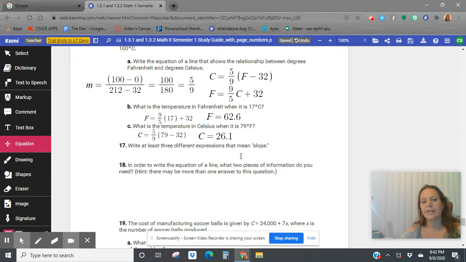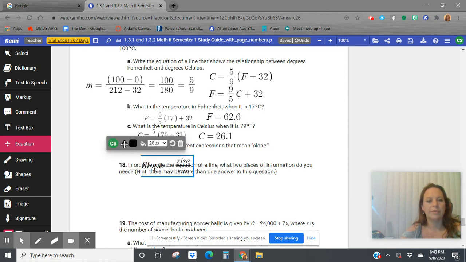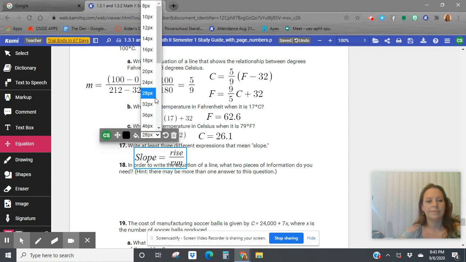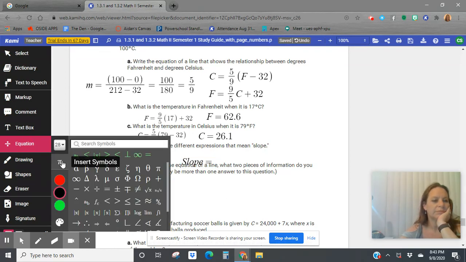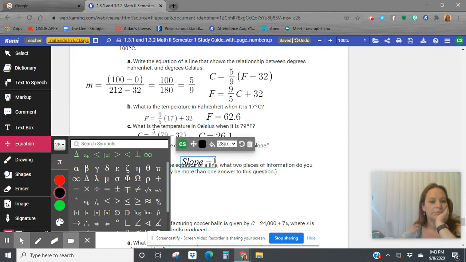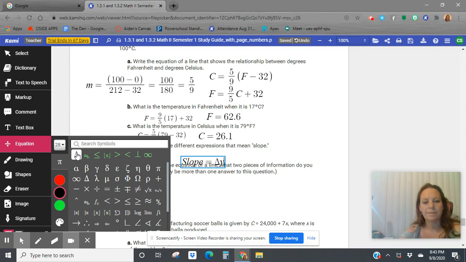Write at least 3 different expressions that mean slope. So I could say that slope equals rise over run. That's something you guys have probably heard from middle school in Math 1. I could say that slope equals the change in y over the change in x, delta y over delta x.